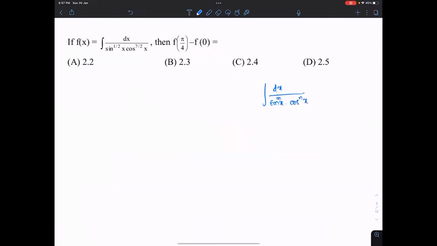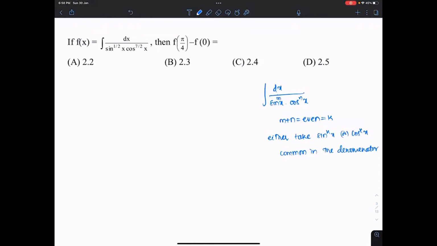If integration is of this form, where m plus n is even, then what you do is either take, let's say m plus n is even and that is k, so either take sine power kx or cos power kx common in the denominators. Okay. Any one of them you take common, you will get the solution. Let us see how.